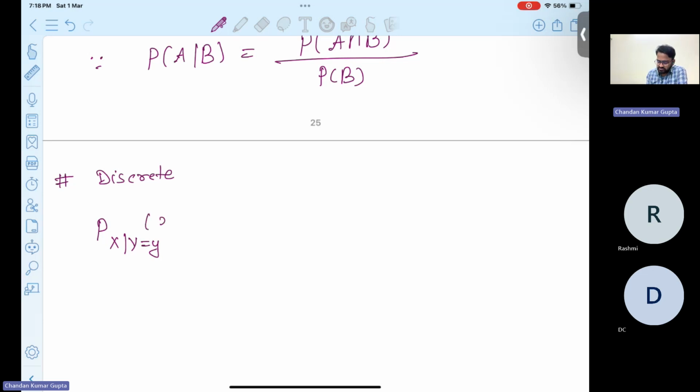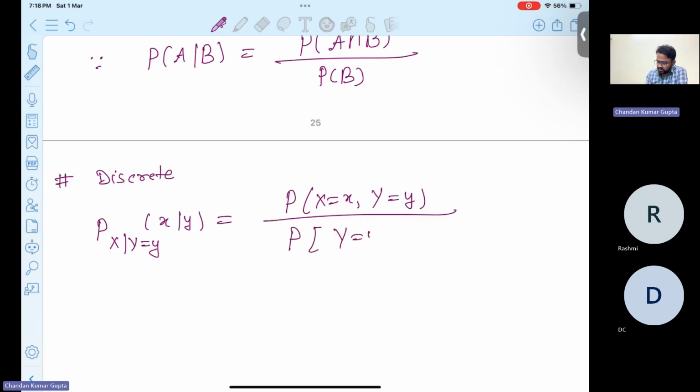So it is like probability that X equal to x, Y equal to y, and Y equal to y, for discrete case.